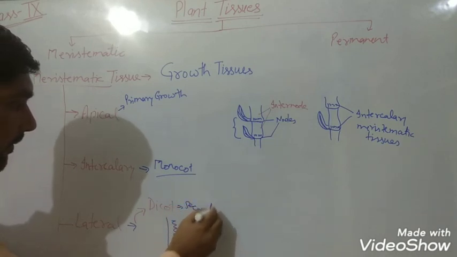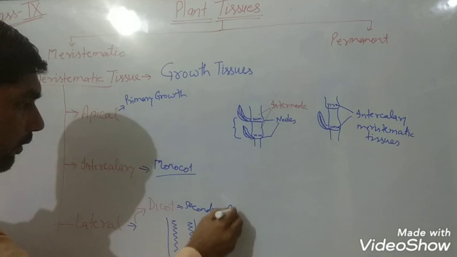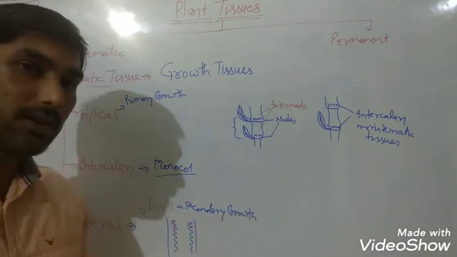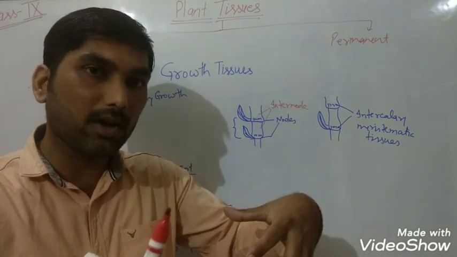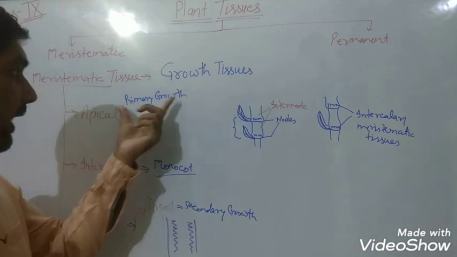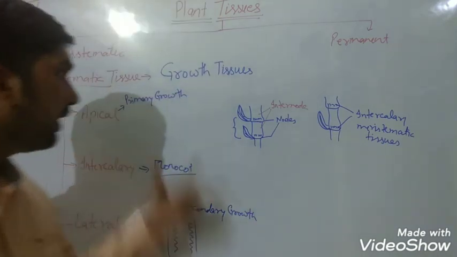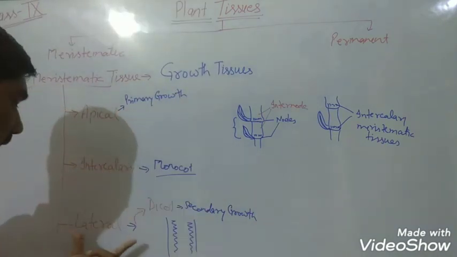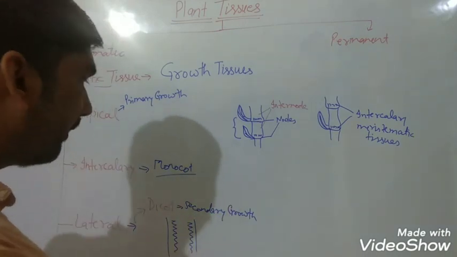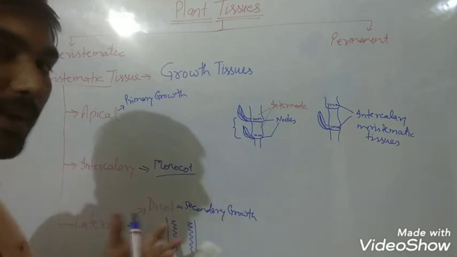Secondary growth. So what do we mean by secondary growth? The growth in the girth, or we call it the width, is known as secondary growth, and growth in the length is termed primary growth.